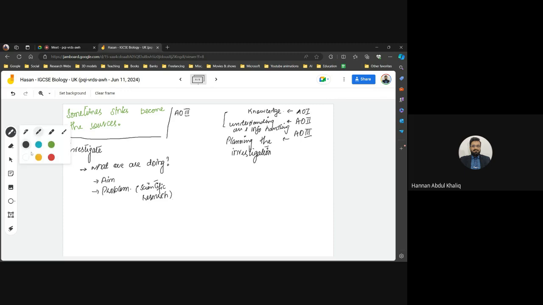And for every scientific plan, we should have a very important thing, that is a hypothesis, although hypothesis is not there in our syllabus.